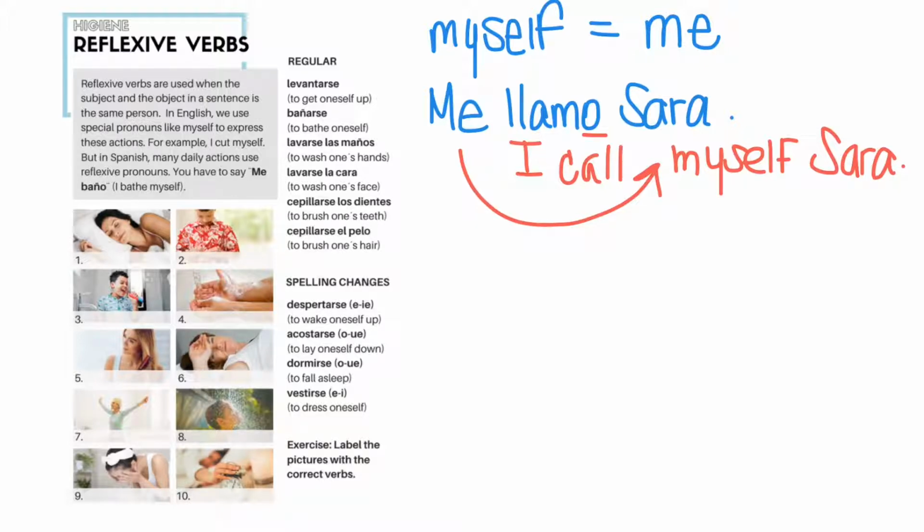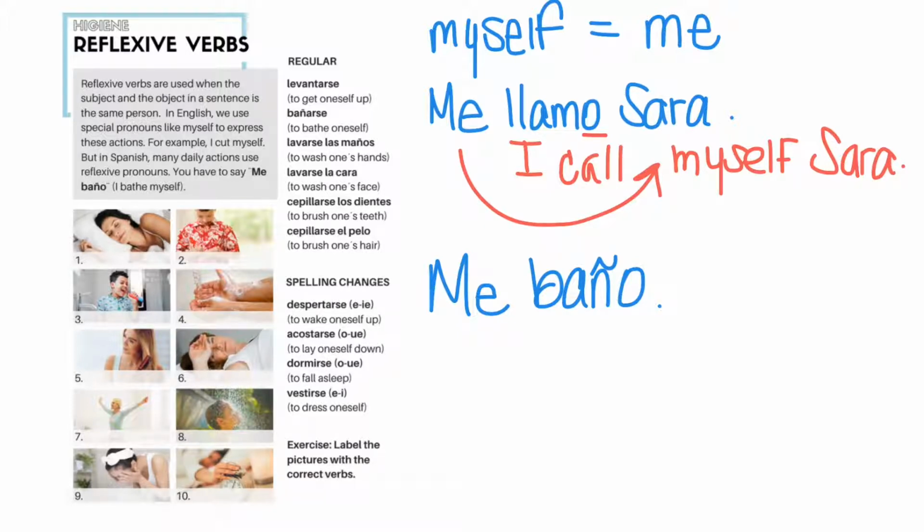Because things like me baño means I bathe myself. Where in English, you would probably just say, I get a shower or I take a bath. You don't have to say it yourself because it's obvious.